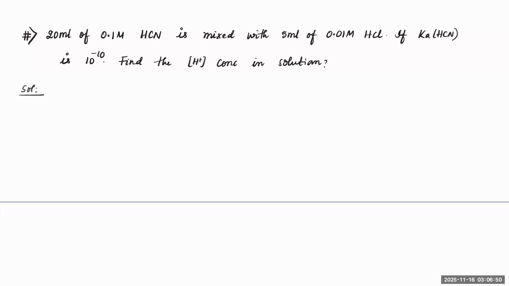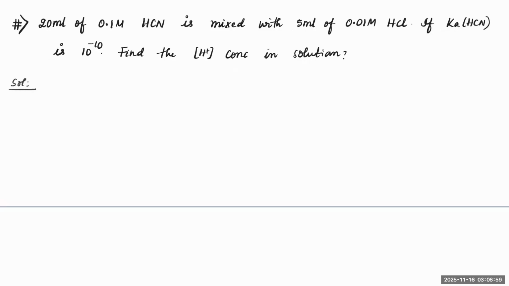Instead of directly giving the concentration term, here I have given it in terms of volume and concentration, which means while writing the equilibrium, you have to be slightly careful.